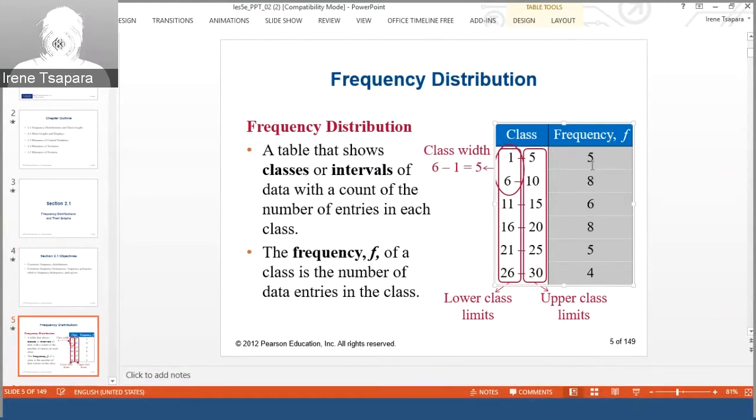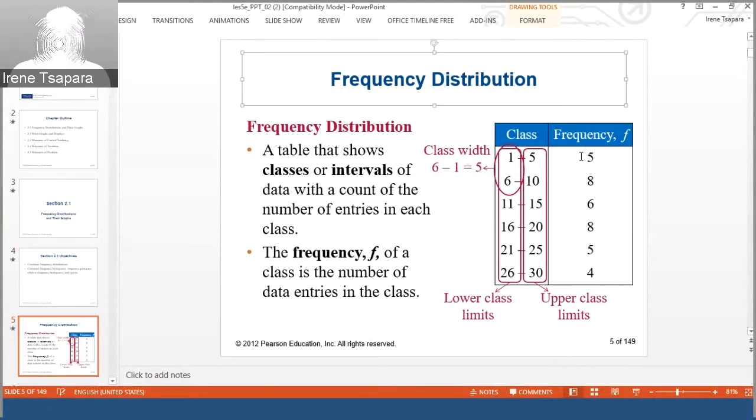5 of them received a grade between 1 and 5. 8 of them received a grade between 6 and 10. 6 of them between 11 and 15, and so on. Now, what are classes? Classes are the way that we split the range into pieces that all have the same size, and they never overlap.